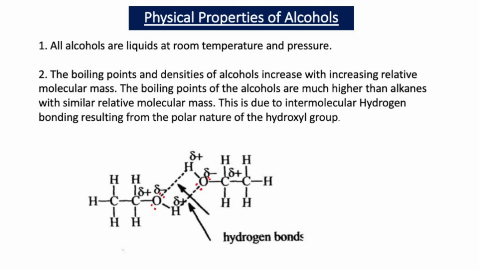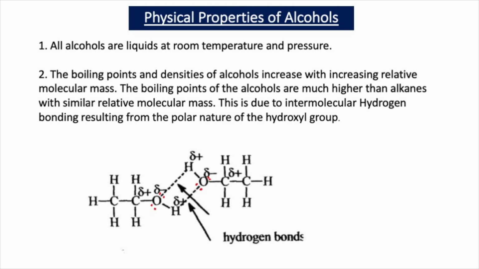You should also notice that in my diagram I've included the lone pairs on the oxygen. There are two lone pairs on each oxygen atom, and one of these lone pairs is contributing to a hydrogen bond.